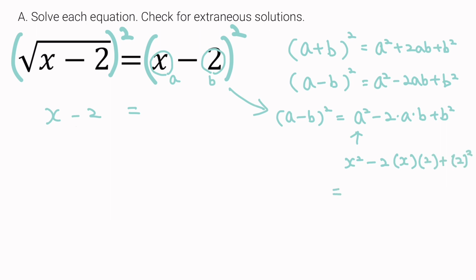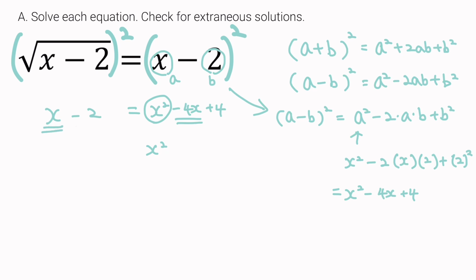And if I solve that out, I have x squared minus 4x plus 4. So I'm going to put that on the right side of the equation. All right, that looks a lot better. Now let's combine like terms and simplify. I have x squared, only one term of that. I have negative 4x and x here.